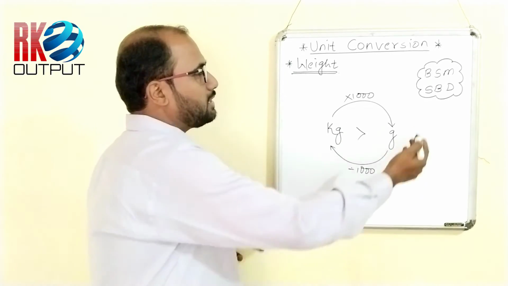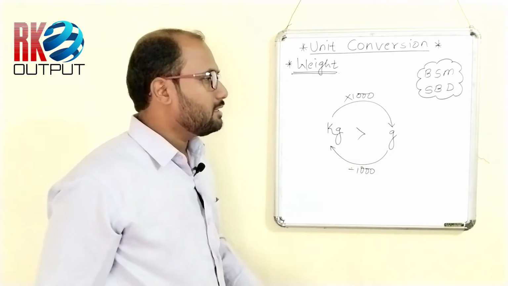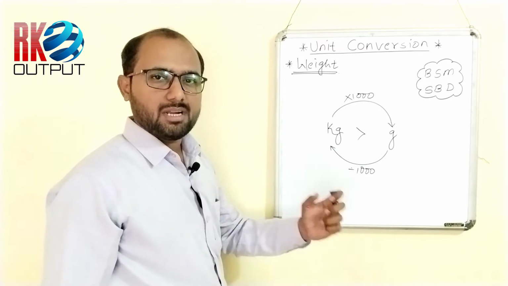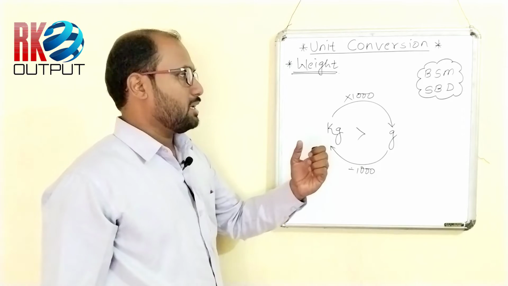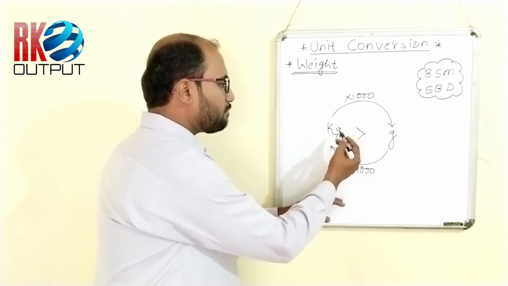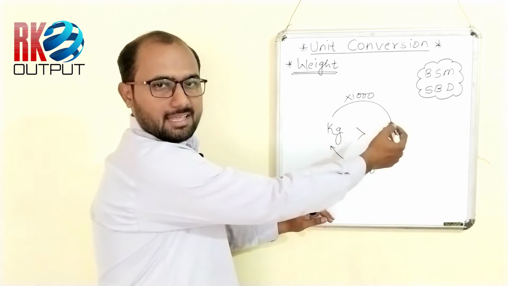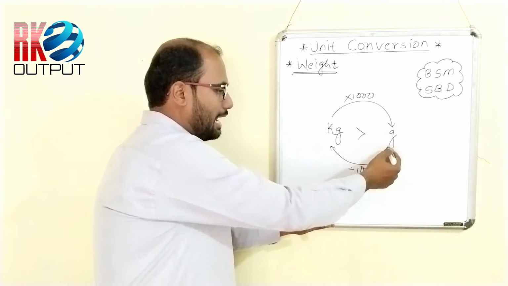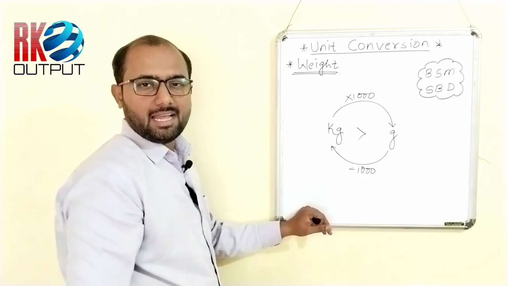Again very simple, we have to remember BSM and SBD. What is BSM? Bigger to smaller is multiplication, and smaller to bigger is division. Kilogram is bigger than gram, so kilogram to gram is multiply by 1000, whereas gram to kilogram will be divided by 1000.